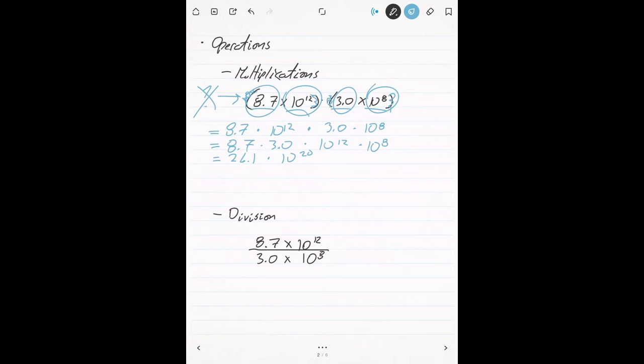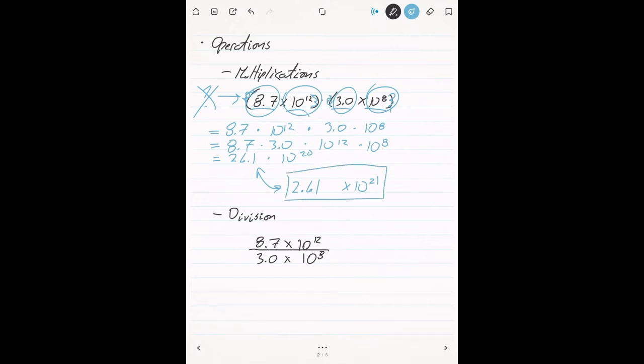So what do we have to do here? Well, it's not that big of a deal. All that we have to do is say, okay, 26.1 times 10 to the 20th needs to be in scientific notation. All you got to do is move that decimal place over once more to get 2.61. And since you moved it over one more place, you have 10 to the 21st power. This is the same thing as this. Here is your answer.